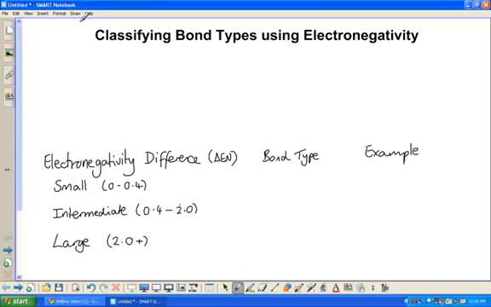And when I talk about bond types, we've talked a lot about how chemicals react with each other. One thing we haven't really talked about to any great length is the different sorts of bonds that exist between atoms.